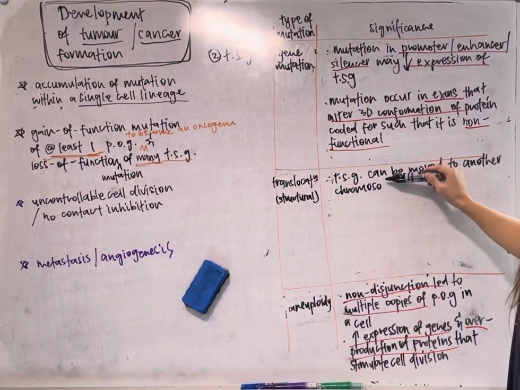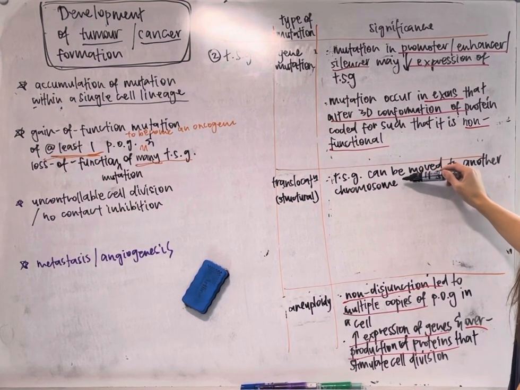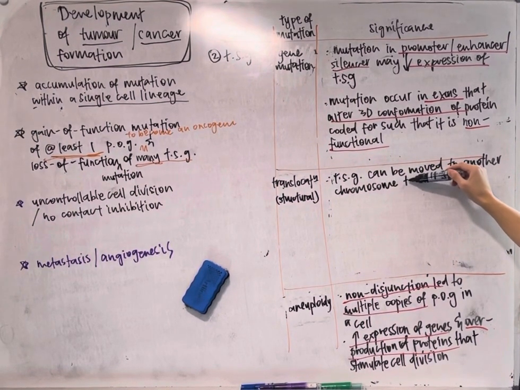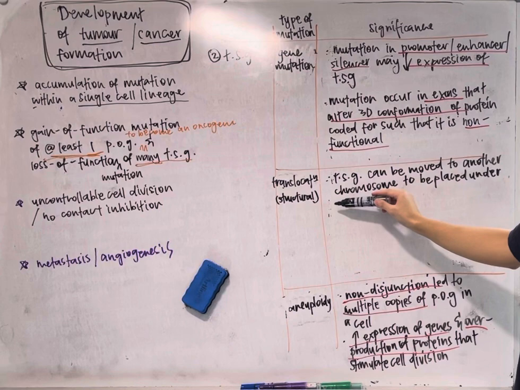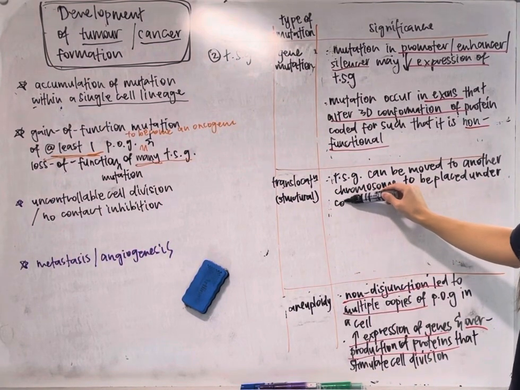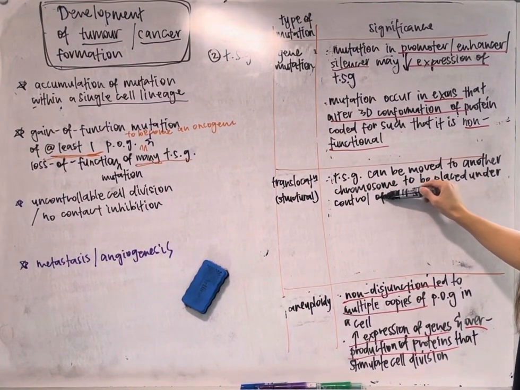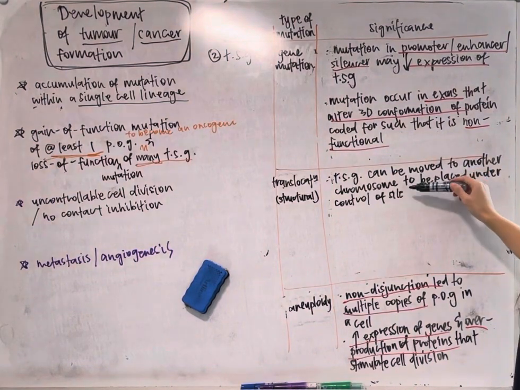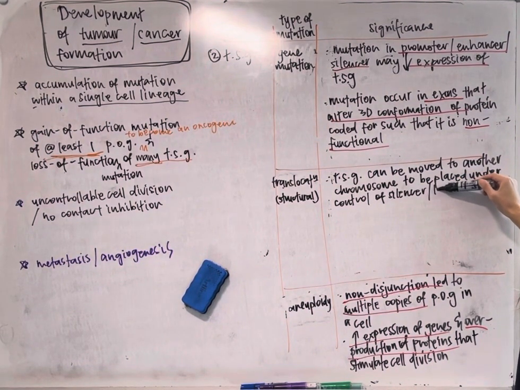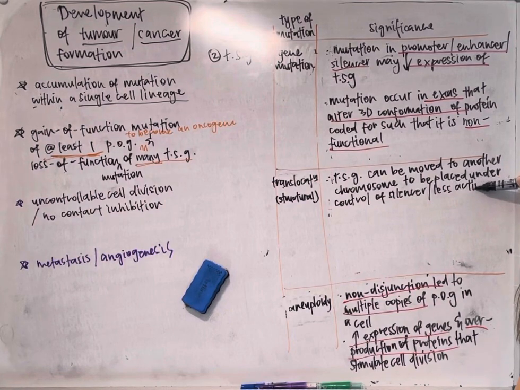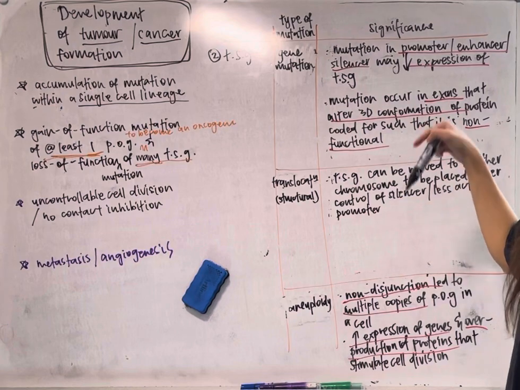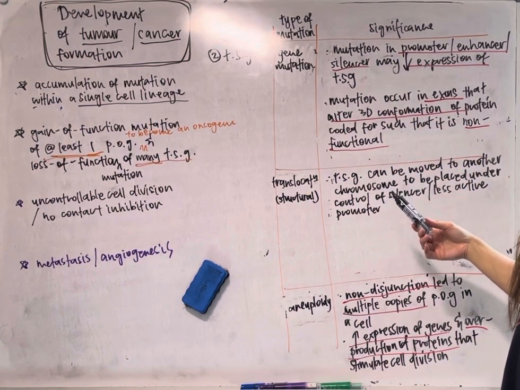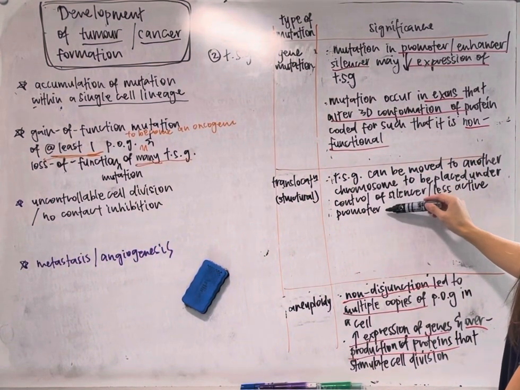Think about your eukaryotic genome. You want to place it under the control of silencers, or again, a less active promoter. This will cause lack of expression of the protein, the gene product, and inhibit your cell division.